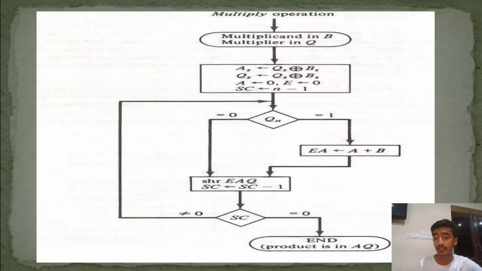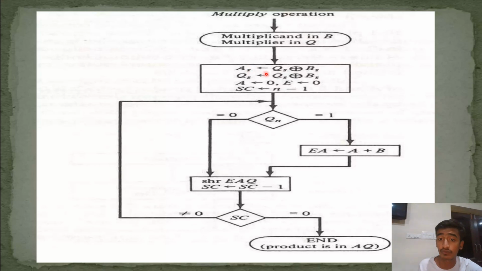This is the flow chart of the multiplication algorithm. It is easy to understand in this flow chart. First, the multiply operation. For example, we will have B as 23 and Q as 19, 23 into 19. We will have AS, that is QS or BS, meaning the sign bit.